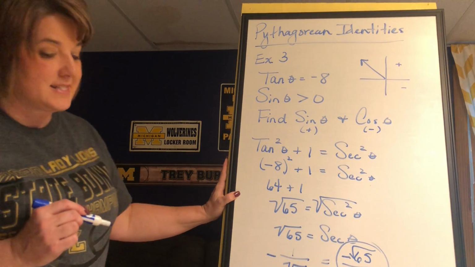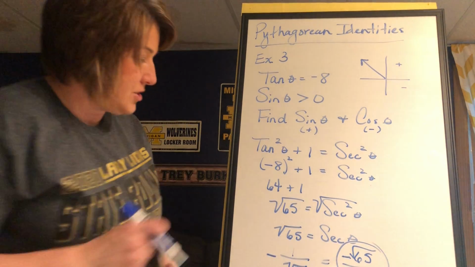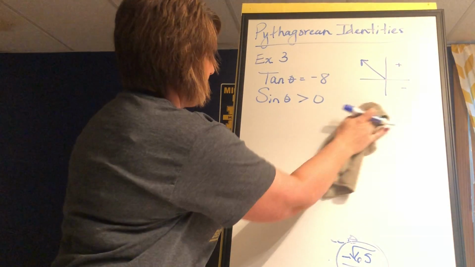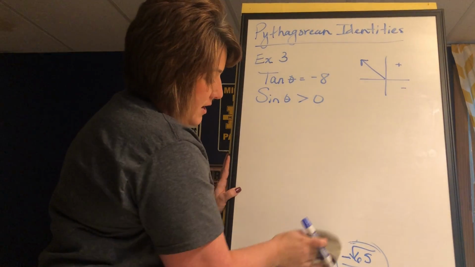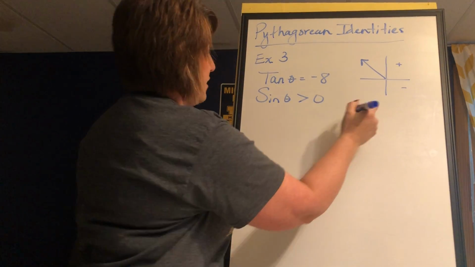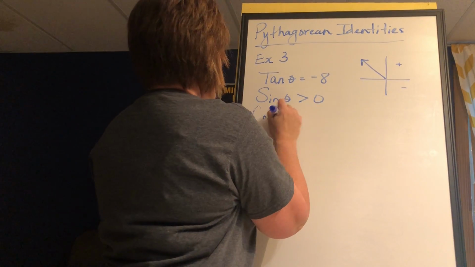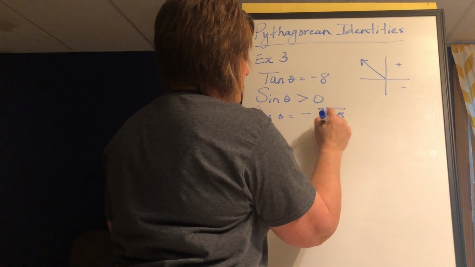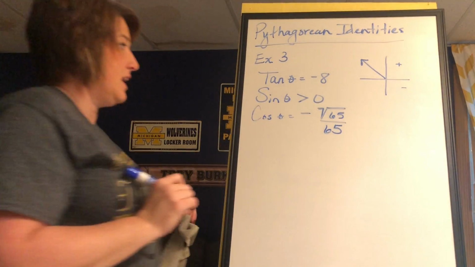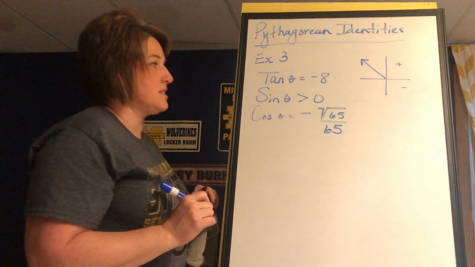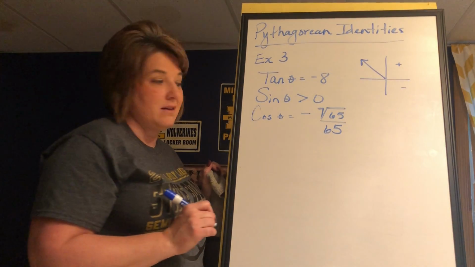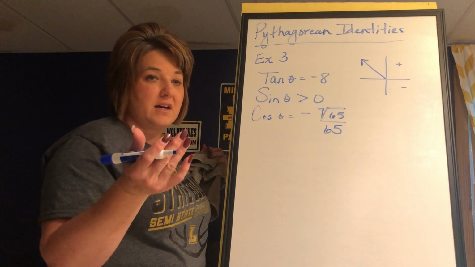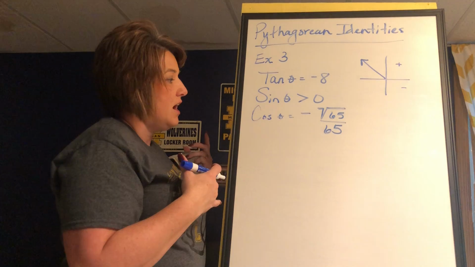And then we need to find the sine. So let's erase all this, so I have room. We know that cosine of theta is equal to negative square root of 65 over 65. And the tangent is negative 8, and we want sine. So now I'm going to go back and use, you can use any identity that will get you to the answer.